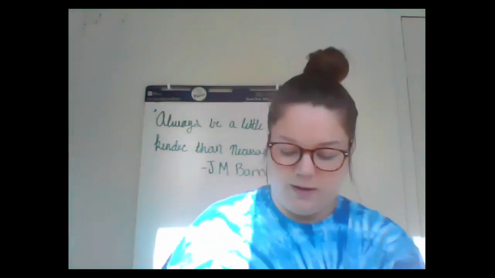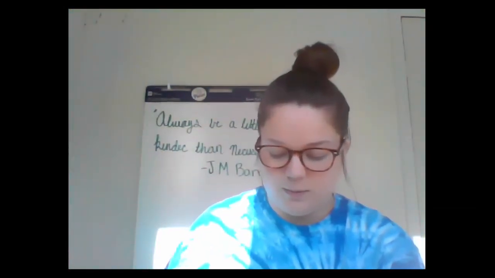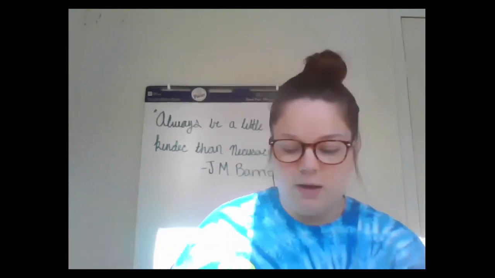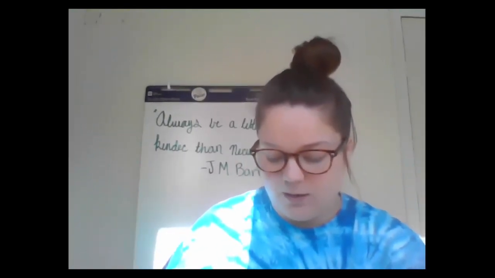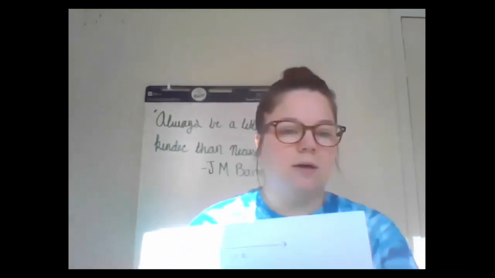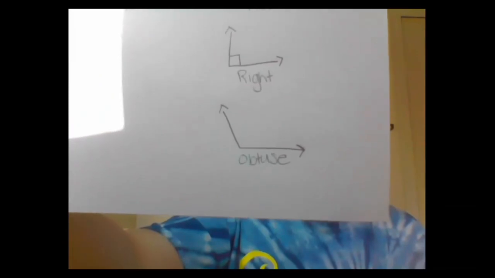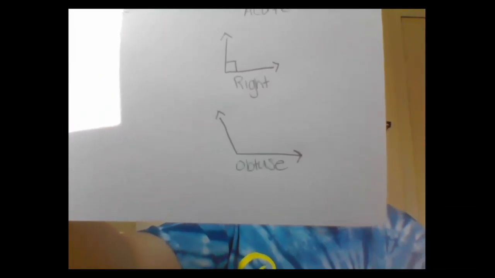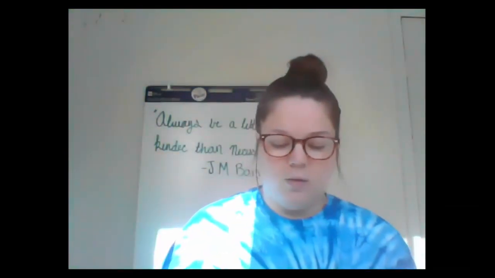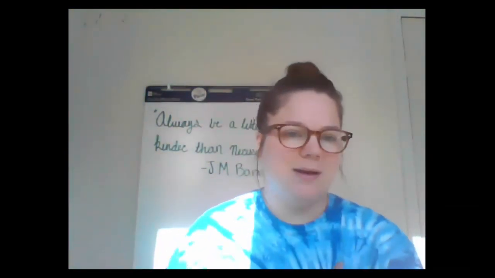Then, of course, we have our obtuse angle. Our obtuse angle is big. Obtuse means big and awkward. So obtuse angles are larger than 90 degrees, but they are smaller than 180 degrees. So an obtuse angle is anywhere between 91 and 179 degrees. So why does an obtuse angle have to stop at 179?